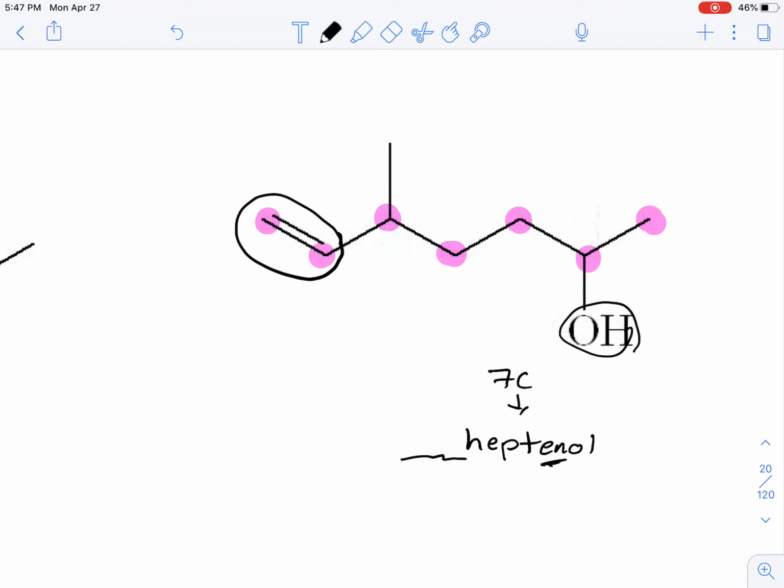However, since there are 2 different subjects this time, we can only put a number here to describe the position of the double bond. To describe the position of the alcohol, we're going to move this over to the right.